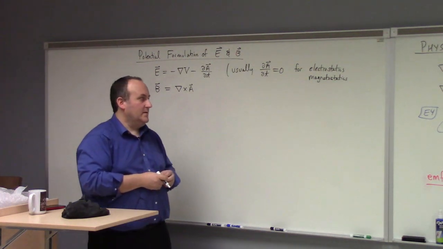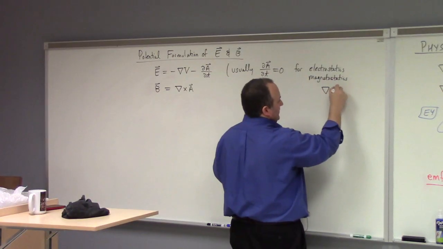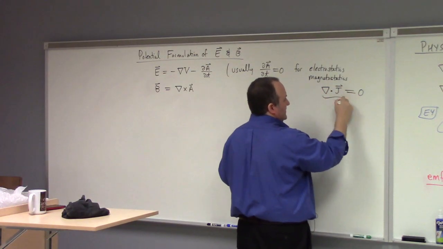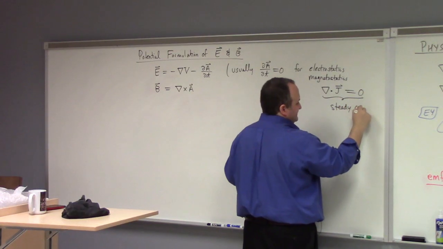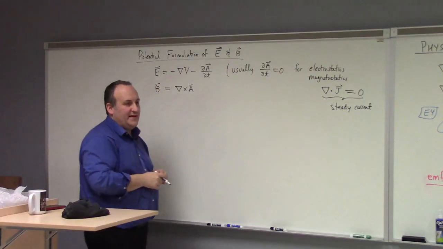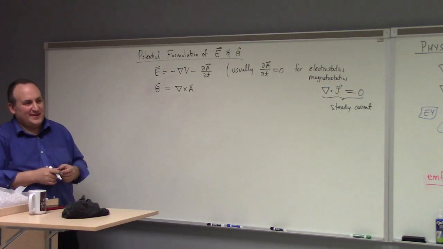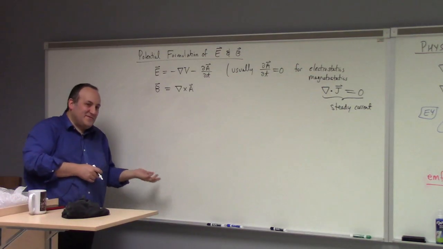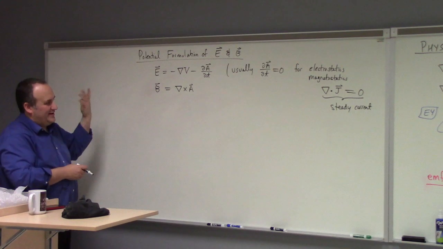In a nutshell, the divergence of the current is equal to 0. This is what we mean by steady current. Some people say constant current, but that's an annoying thing to say, because if you're talking about current, there's charge flowing. How can it be constant? Anyway, whatever.